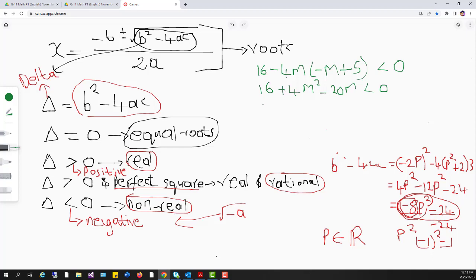In standard form it's going to be 4m squared minus 20m plus 16 less than 0. And then we do have a common factor, which is a 4, so we're going to divide everywhere by 4. Then this will become m squared minus 5m plus 4 less than 0.